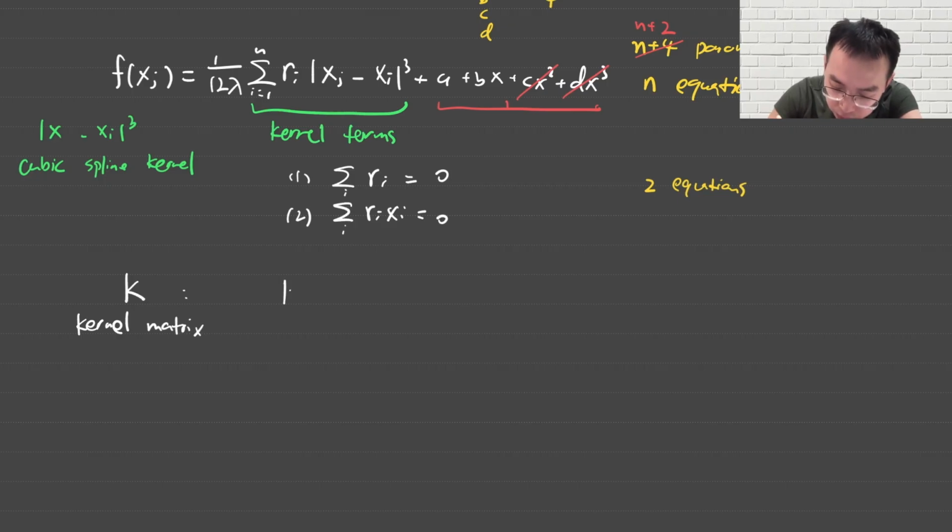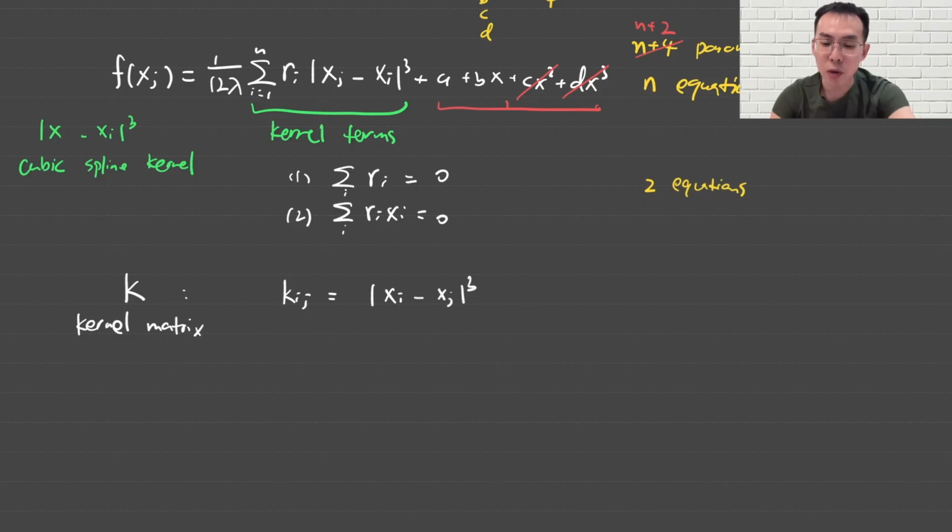So Kij is going to be the absolute value of xi minus xj to the third power. So that's going to be an n by n matrix. This kernel matrix K is actually very important, and it's going to show up again throughout this series, and we can do more interpretations on that. But now let's just finish off the matrix notation.